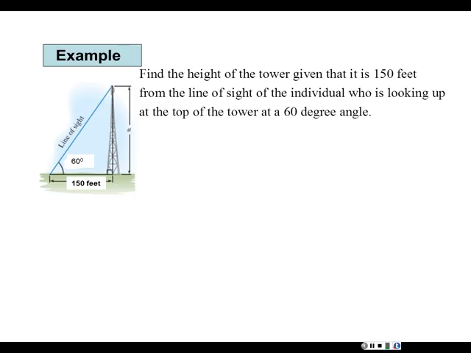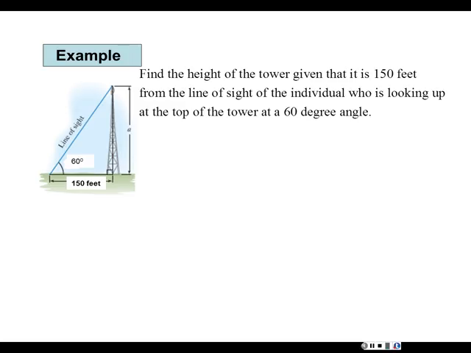He is 150 feet far from the tower. So you can now compare this to a right triangle, because there is a right angle created at the bottom of the tower. So here the line of sight, which is the blue line, is your hypotenuse, right?